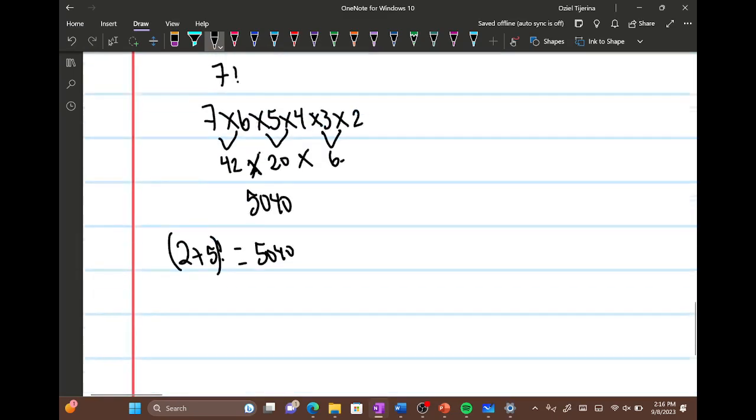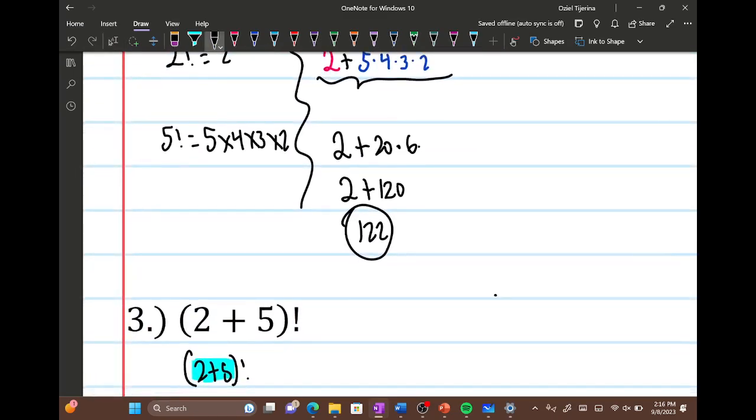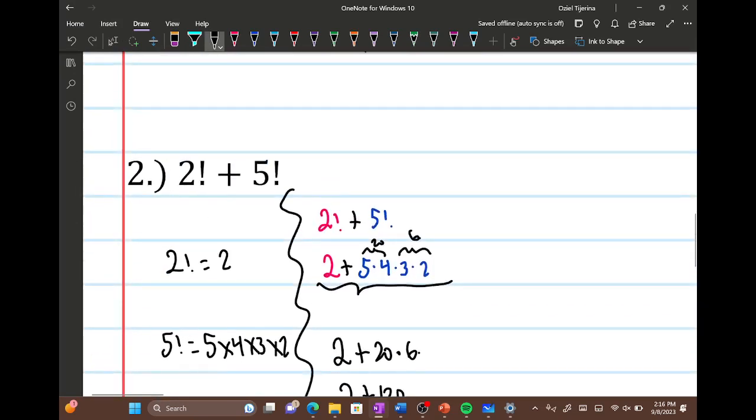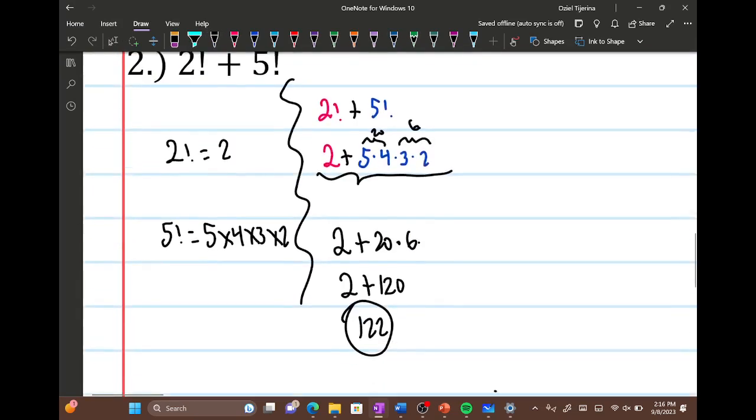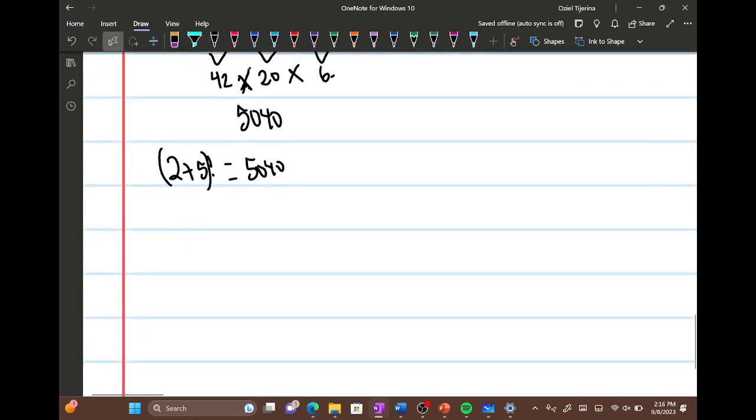When we did number 2, this was 122, because they both have a factorial. But when the factorial is on the outside like this, it does not give us the same thing.